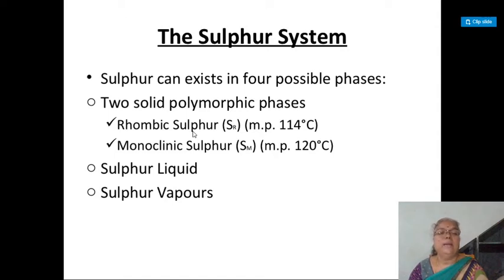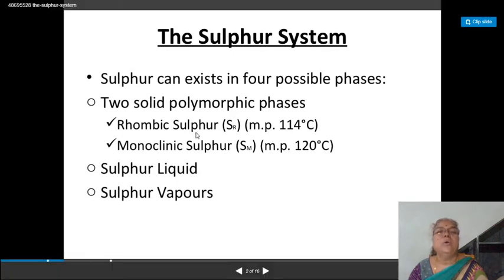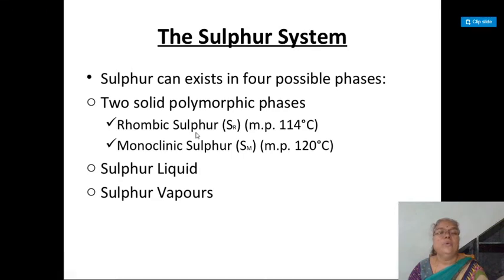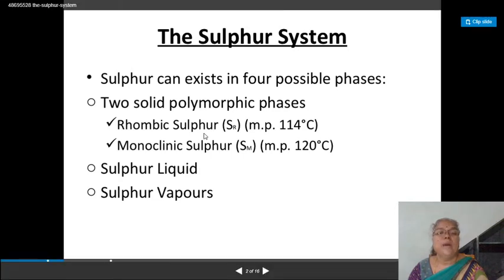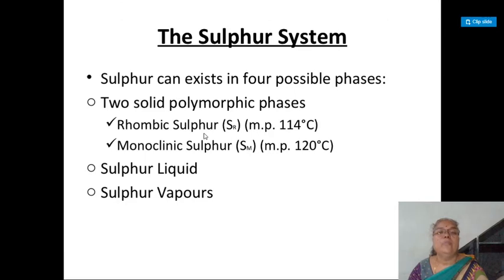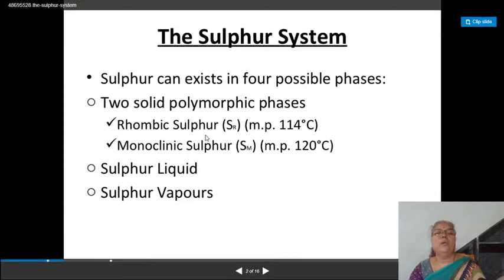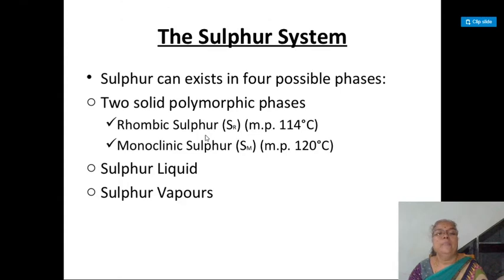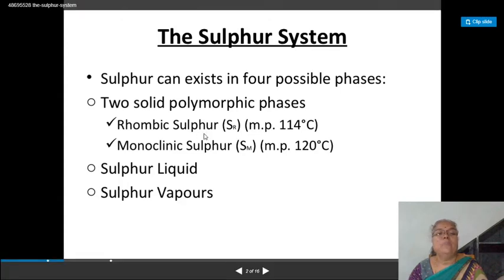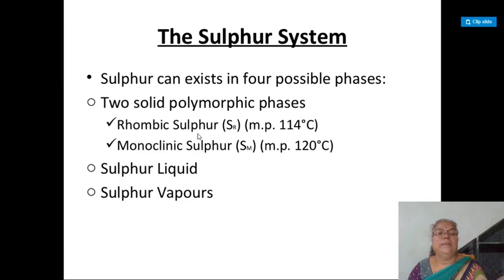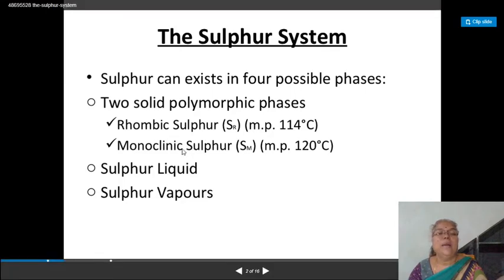And remember that the polymorphism observed in case of elements is called allotropy. For example, all of you know the allotropes of carbon: diamond, fullerene, graphene or graphite. These are the allotropes of carbon. Here the different forms of sulfur are rhombic sulfur and monoclinic sulfur, and polymorphism observed in elements is called allotropy.